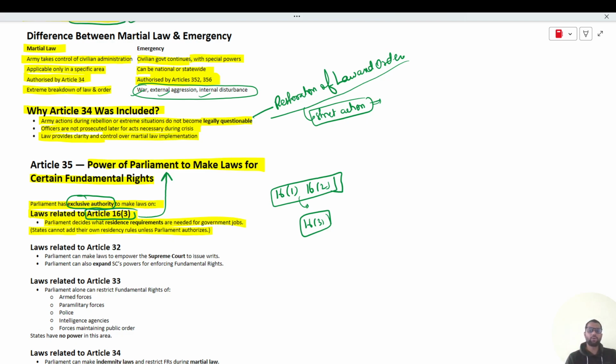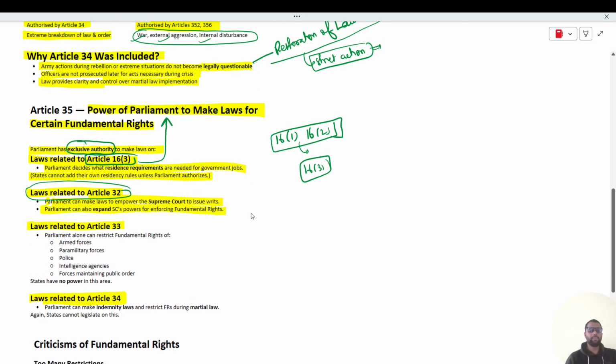Then the law relating to Article 32, which we discussed just above: Parliament can make laws to empower the Supreme Court to issue writs, and can also expand the Supreme Court's power for enforcing fundamental rights. Whenever a law needs to be made under Article 32, who will make it? Parliament. Laws relating to Article 33, which we discussed just above, and laws relating to Article 34. All these laws, who is authorized to make them? The Parliament is authorized to make them.